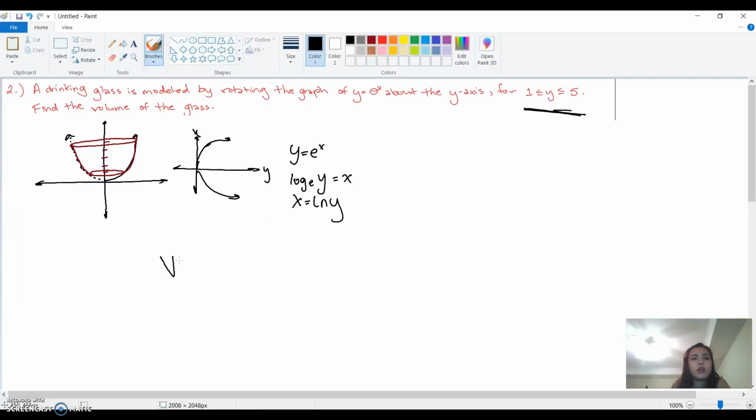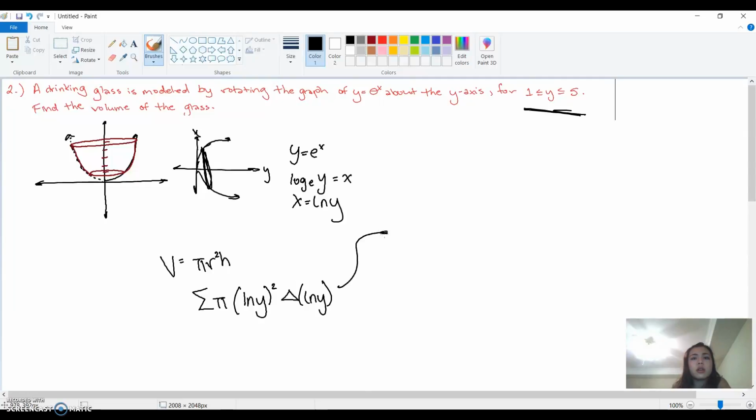So when I find volume, it is pi r squared times the height of these disks. Since it is instantaneous, the volume of the glass is the sum of pi r squared, the radius of the disk, which is x, which is ln y, times the height, which is the change in y.